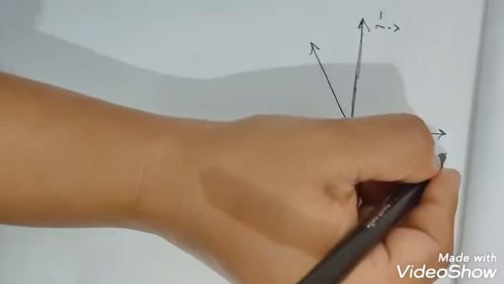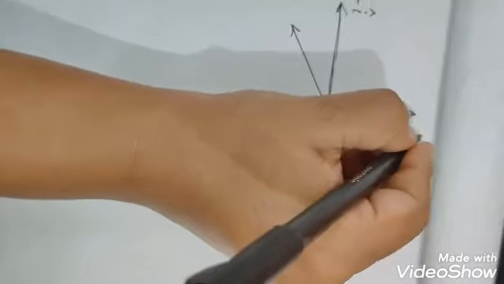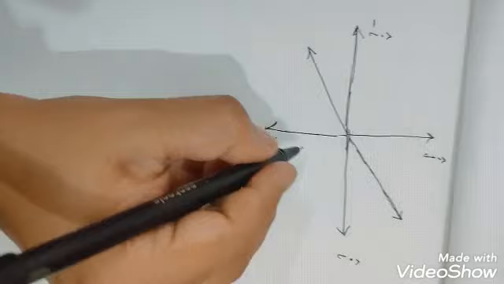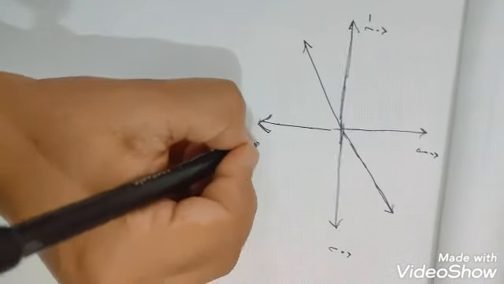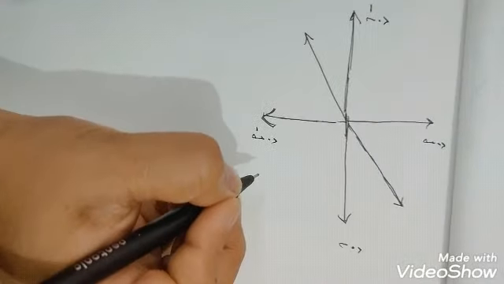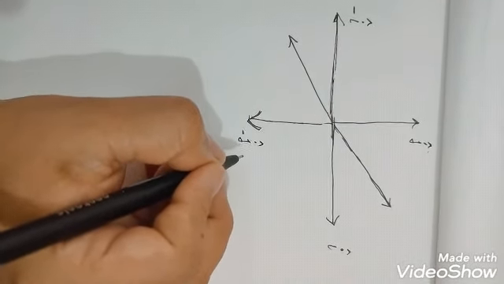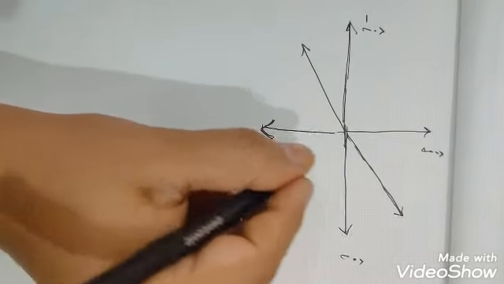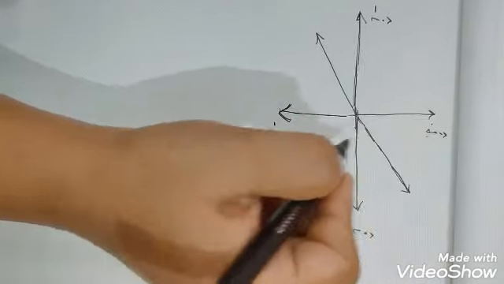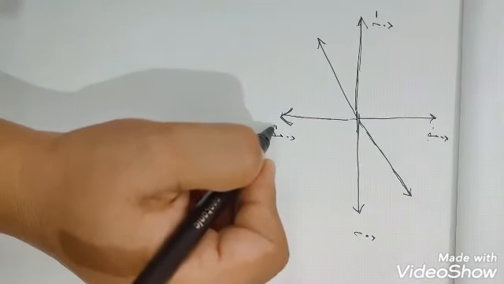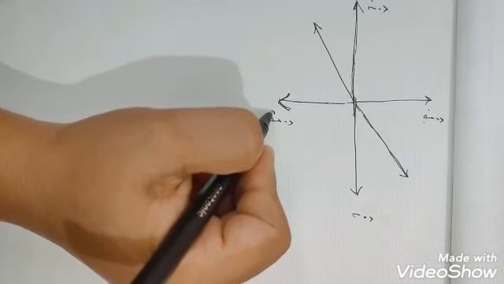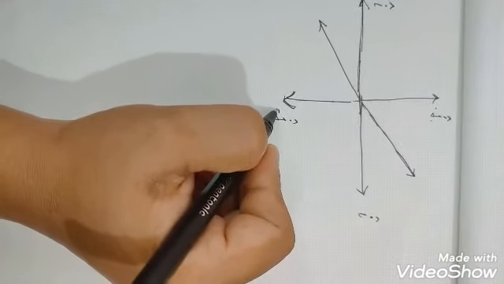In the positive y-axis, the unit vector is represented with the letter j cap, and in the negative y-axis with minus j cap. In case of j cap, the magnitude is 1 and the direction is along the y-axis. In case of minus j cap, the magnitude is 1 and the direction is along the negative y-axis.